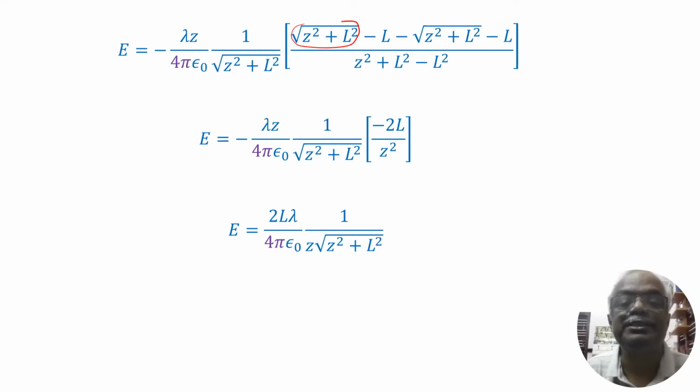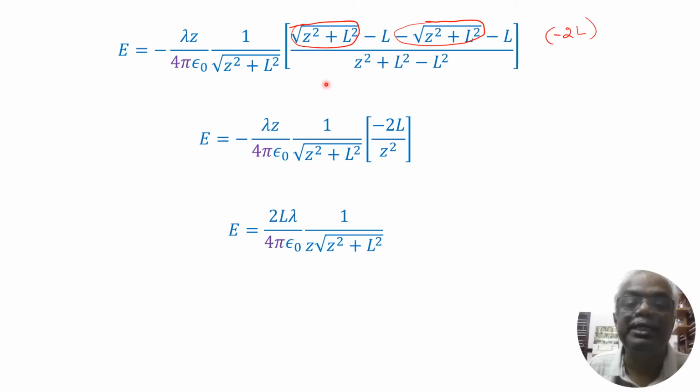That means this and minus of this same thing will get cancelled. So you will get in the numerator minus 2L, simply minus 2L.